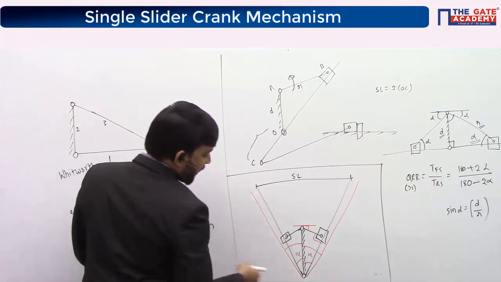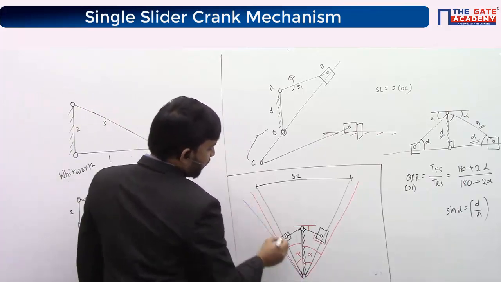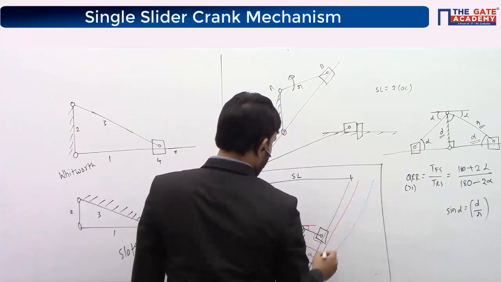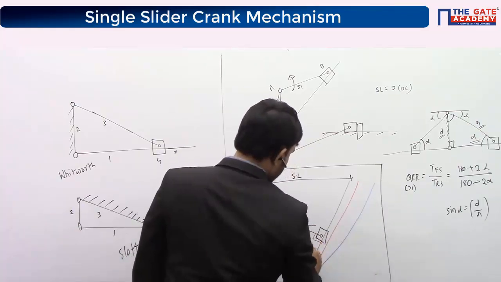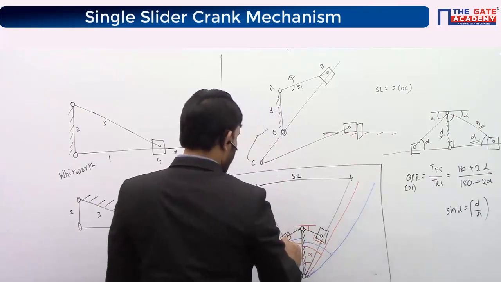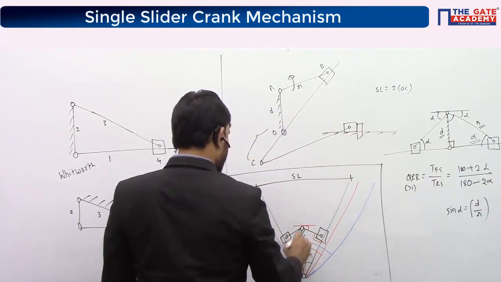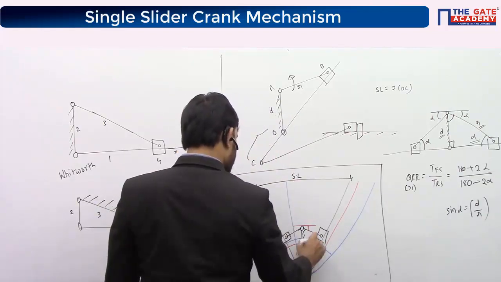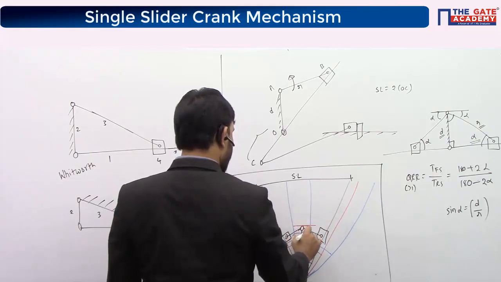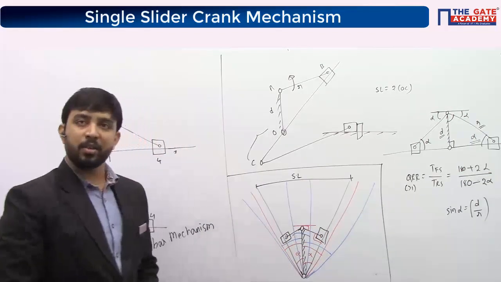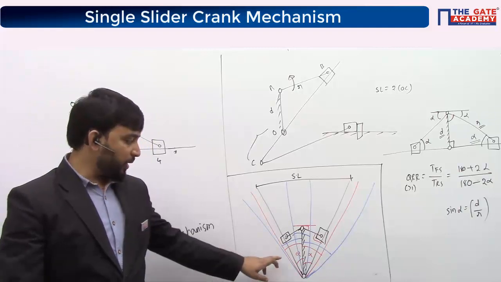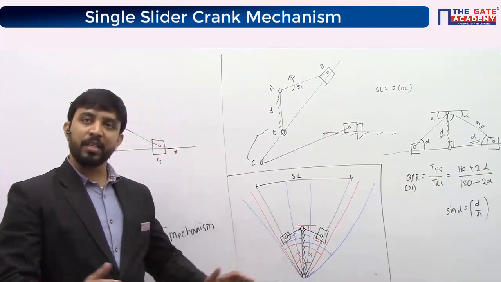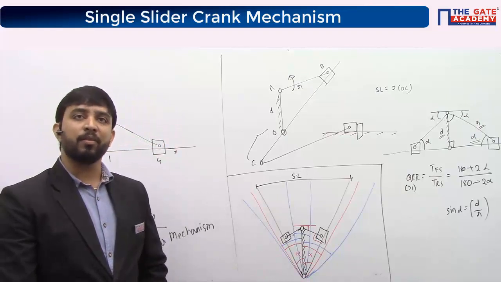So for larger stroke lengths, alpha is large. If you want to decrease stroke length, you need to decrease alpha. In slotted bar mechanism, if you want to increase stroke length, we need to increase the value of alpha, and if you want to decrease stroke length, we need to decrease alpha.